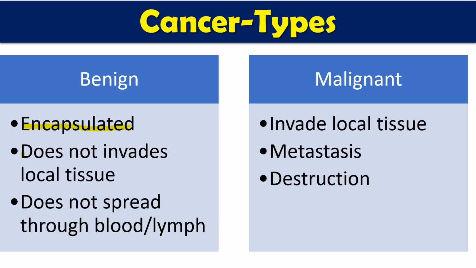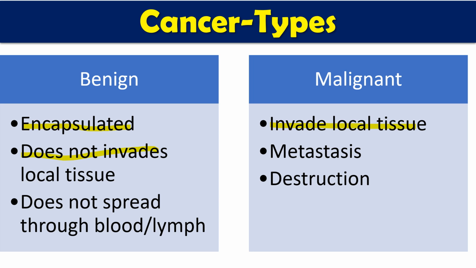Benign tumors do not invade the local tissue, so they do not affect the normal local tissue, and are restricted to a specific location. Whereas malignant tumors invade local tissue and affect the local cells also. Benign tumors are located at only one location.